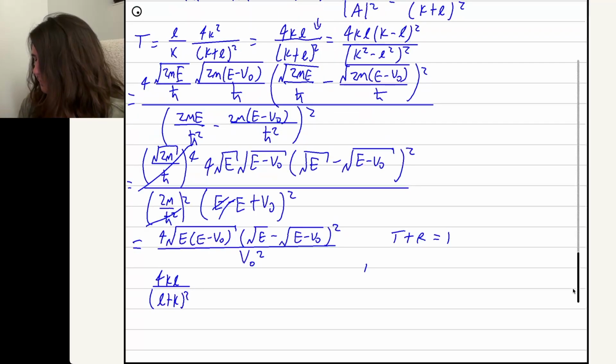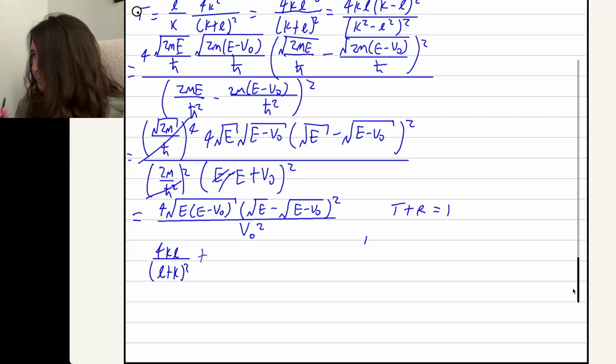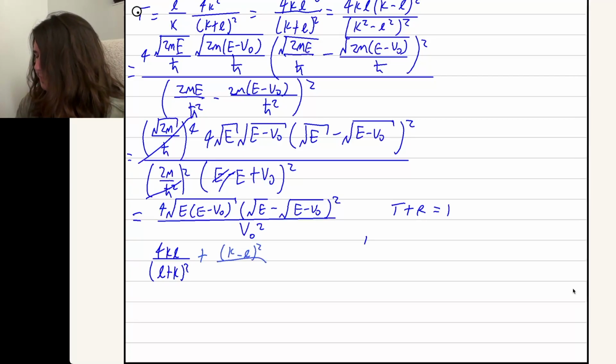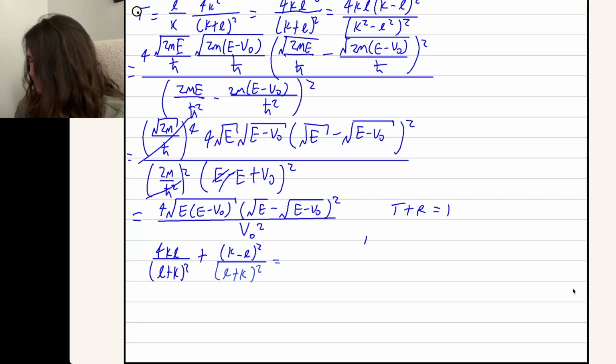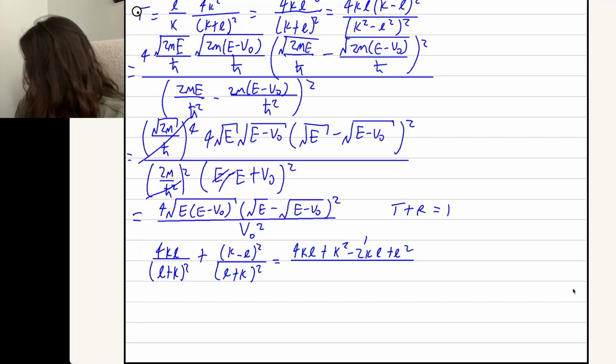And then the reflection coefficient, we did it a while ago. It was K minus L squared over L plus K squared. So we've got the same denominator already. So let's just expand this polynomial here. So we have K squared minus 2KL plus L squared, all over L plus K squared. And then we can simplify that a bit just by doing the addition terms.